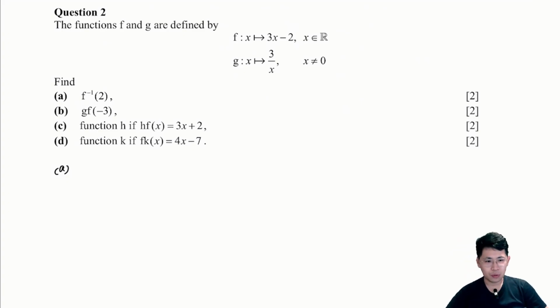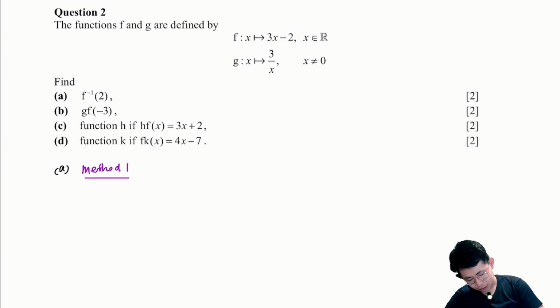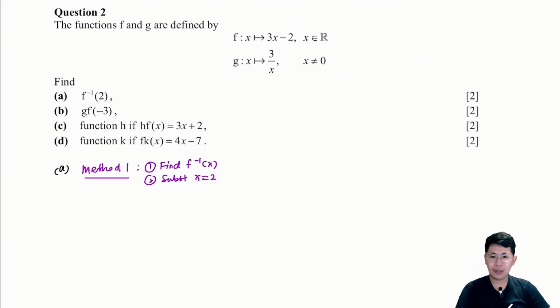There are two methods. The first method is the more direct method, which requires us to find the explicit expression for f inverse first. Then we substitute x equals 2 to evaluate the answer.